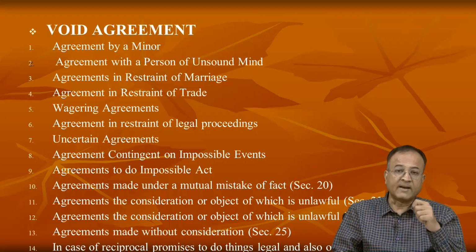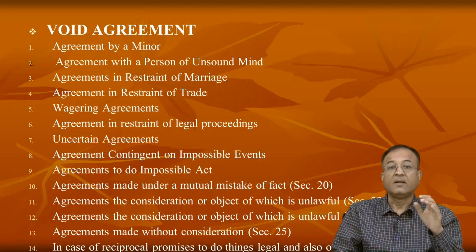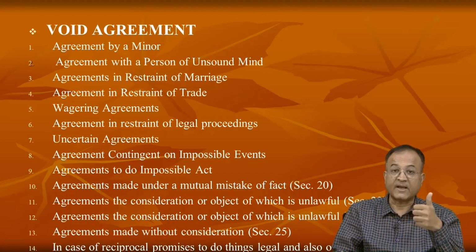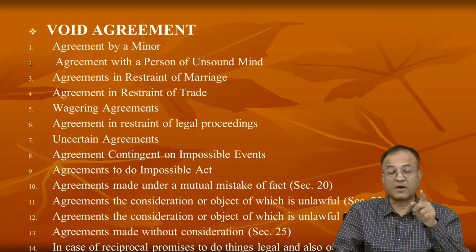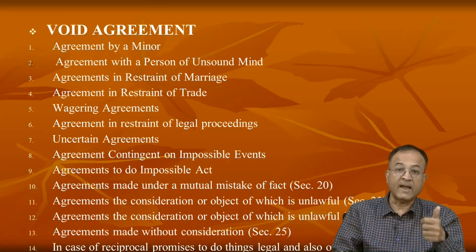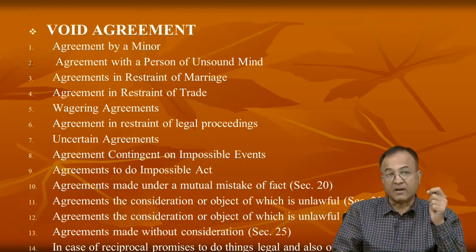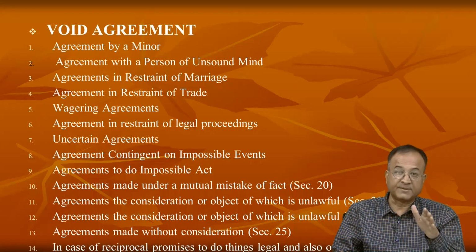expressly declared void under various sections, and they are: first, agreement by a minor. A person who has not completed 18 years of age is a minor. The law acts as guardian of minors and protects their rights.